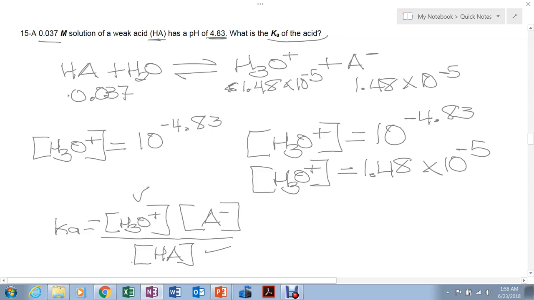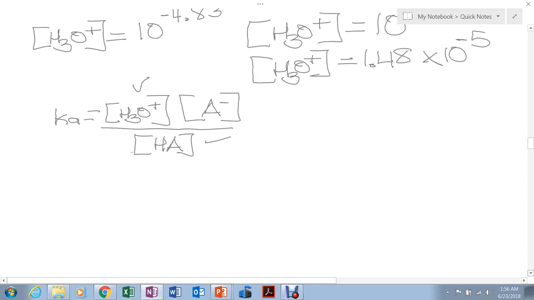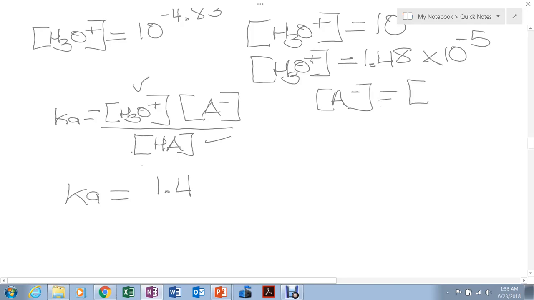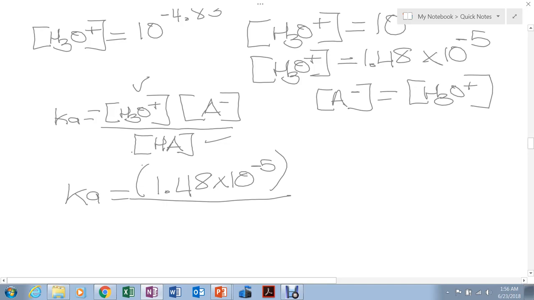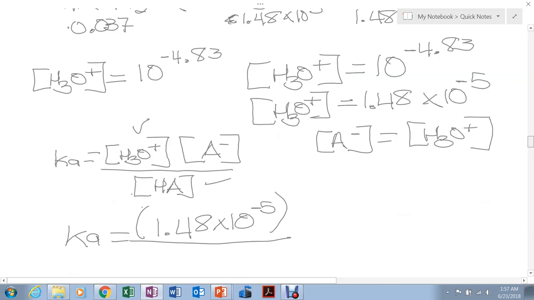You got everything to calculate Ka. The concentration of A negative is equal to the concentration of H3O plus, 1.48 by 10 to the negative 5. You square this, divided by the concentration of the acid, which they gave us, 0.037.